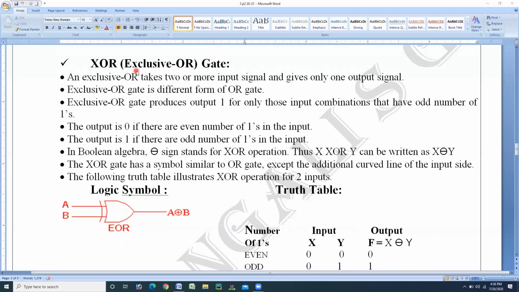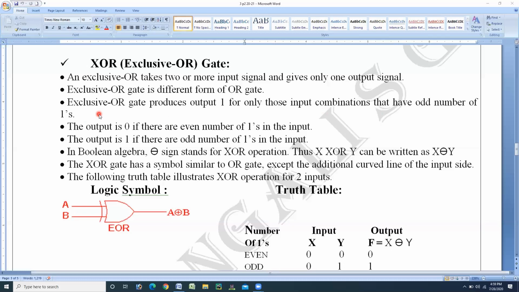How different is it? See here. The exclusive OR gate produces output 1 for only those input combinations that have an odd number of ones. Again, the output of this XOR gate directly depends on the inputs. If the inputs have an odd number of ones, it means we are concentrating here only on ones.